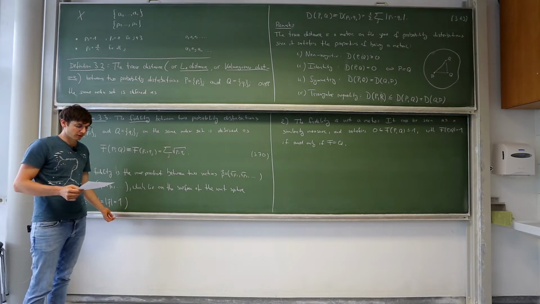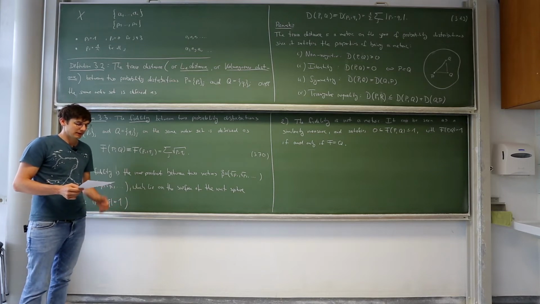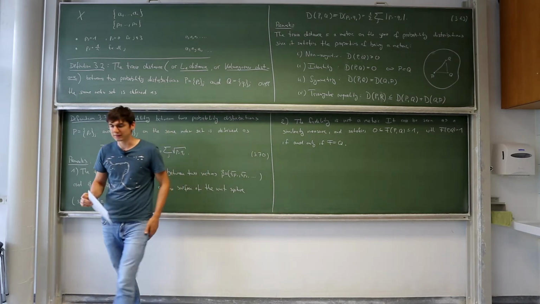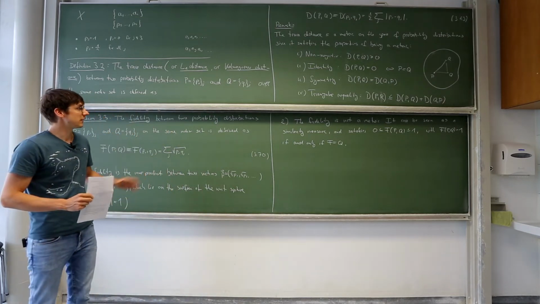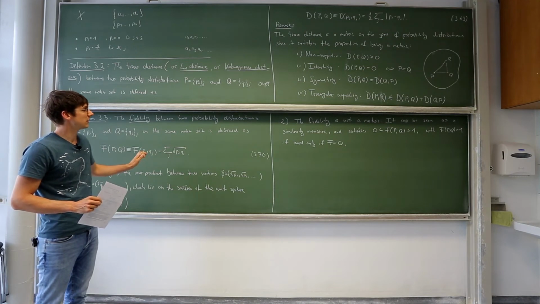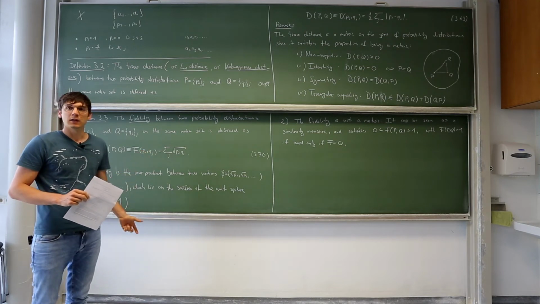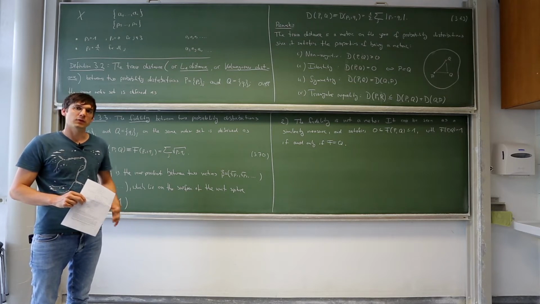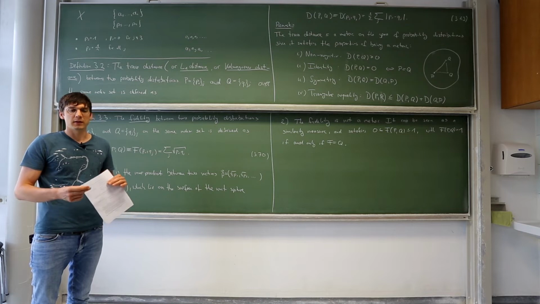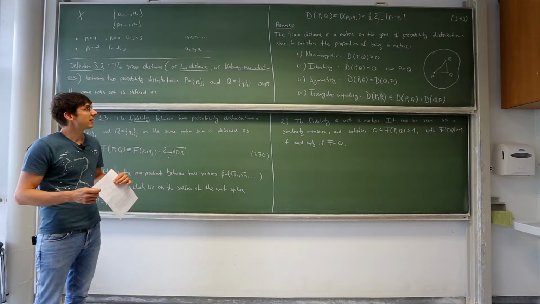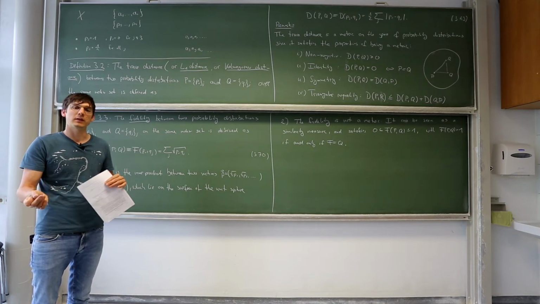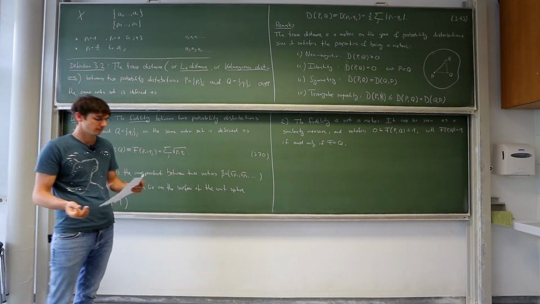But before we go to the fidelity in the quantum case, I'd first like to discuss the trace distance. With this, I'm now finished with the properties of these two measures between classical probability distributions. What we're going to do next is define some generalizations thereof, which measure differences between density operators, right?